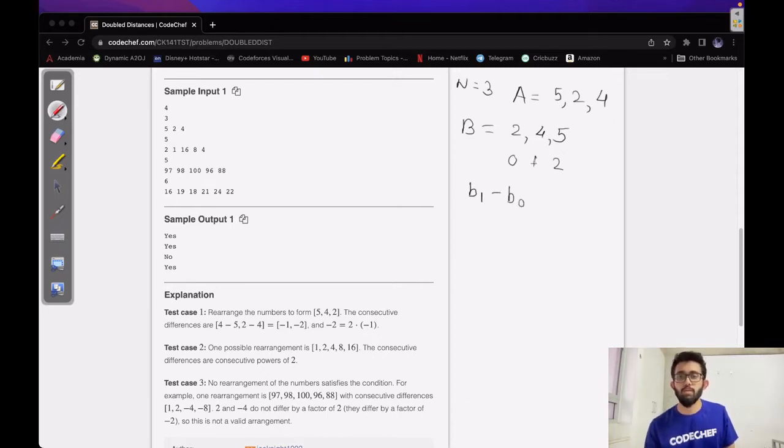B1 minus B0, this is 4 minus 2, which is 2, and now B2 minus B1 is 5 minus 4 is 1. So we can see that this condition holds. B1 minus B0 is twice of B2 minus B1. So we are able to find a rearrangement. Hence the answer is yes.